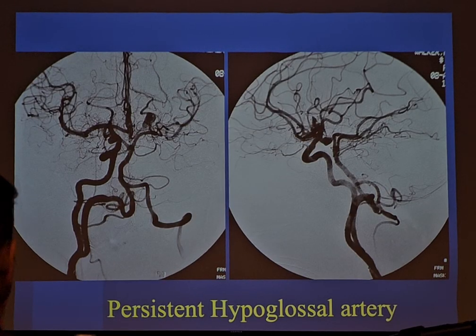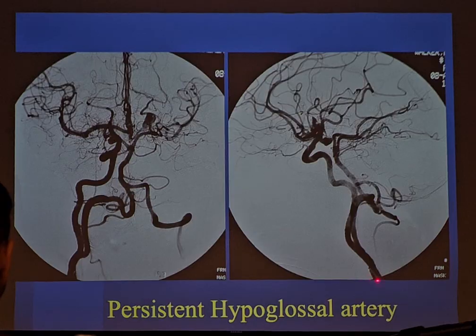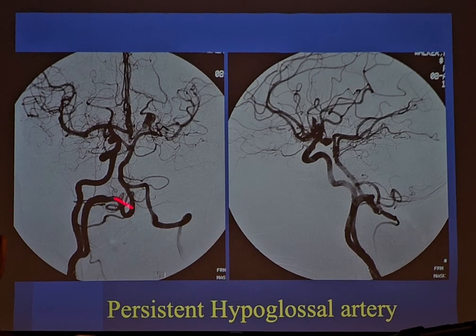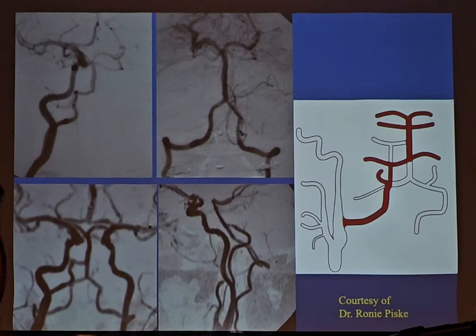The other embryonic vessel we may see in clinical practice is the persistent hypoglossal artery. The hypoglossal artery originates from the internal carotid artery, goes through the hypoglossal canal and becomes the vertebral artery this way. This is going through the hypoglossal canal.